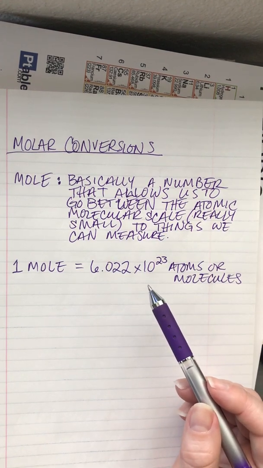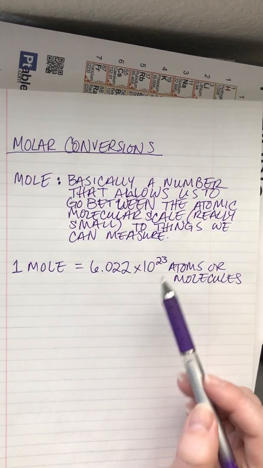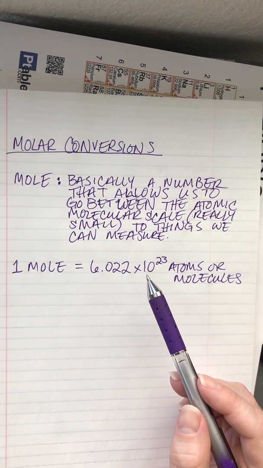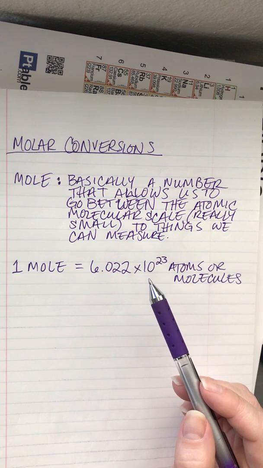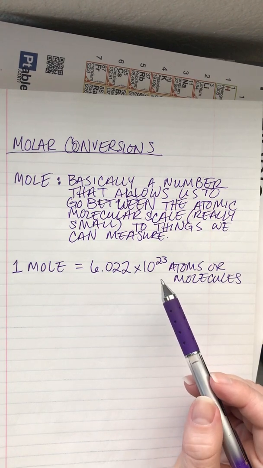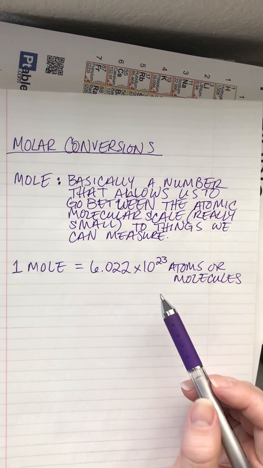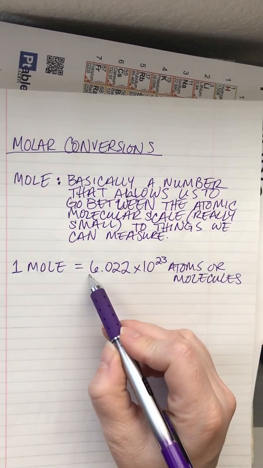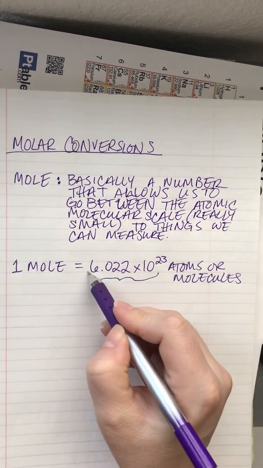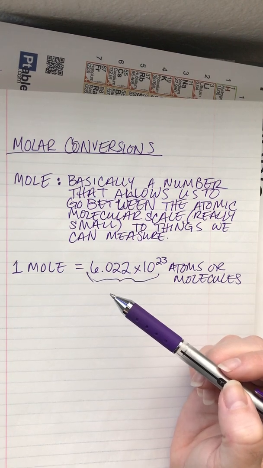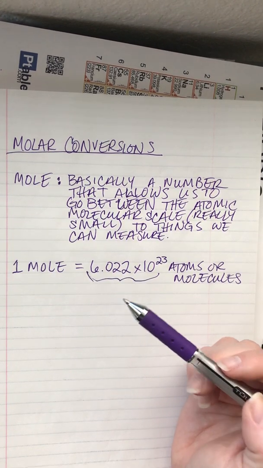They say if you took this many quarters and stacked them on top of each other, you could go from the Earth to the sun and back 6 times with the height of those quarters. So this is an insanely huge number. Hopefully you guys can appreciate that. It's really, really big. So this number is what gets us from the measurable scale to the atomic or molecular scale.